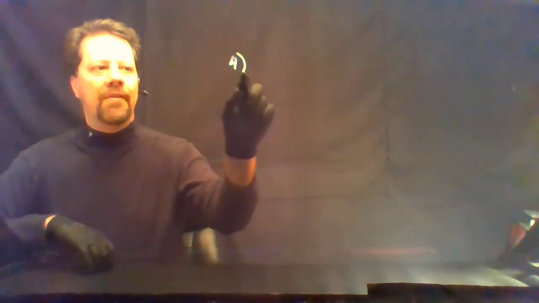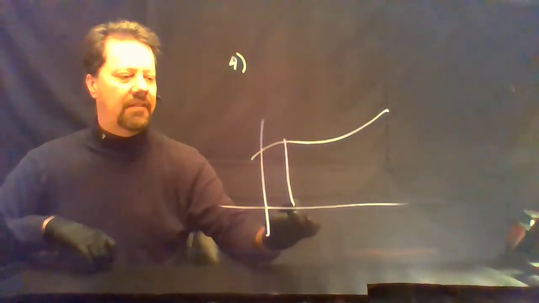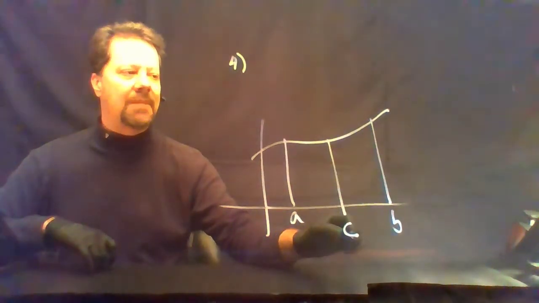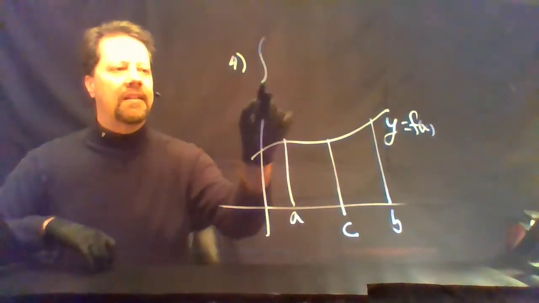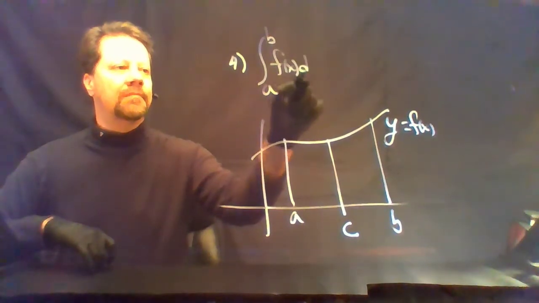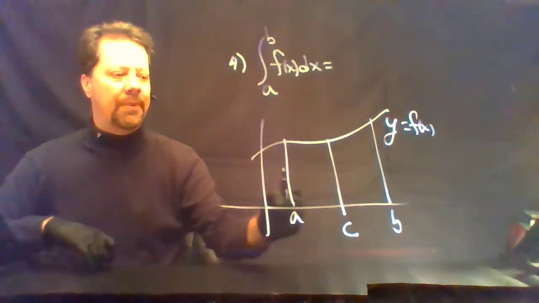Property 4 of the theorem goes like this. If you have a function defined between a and b, and there's some number c in between, then the integral from a to b will give you the same thing. This is the area under the graph between a and b.